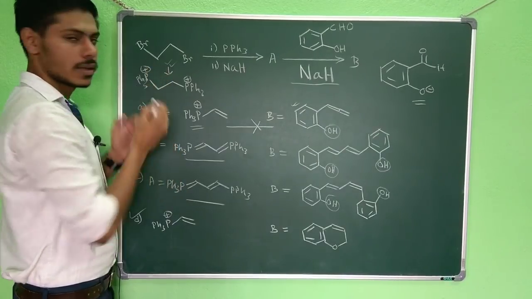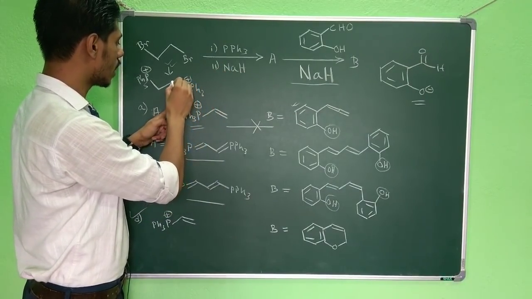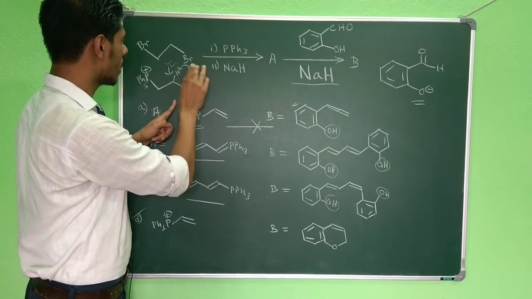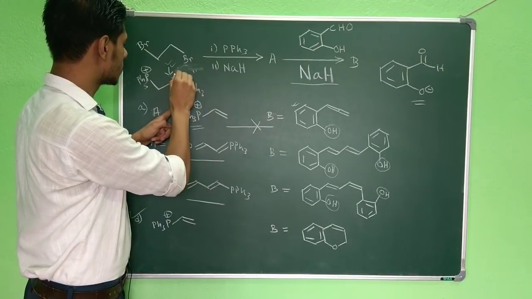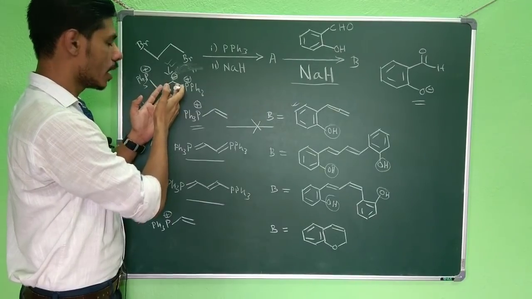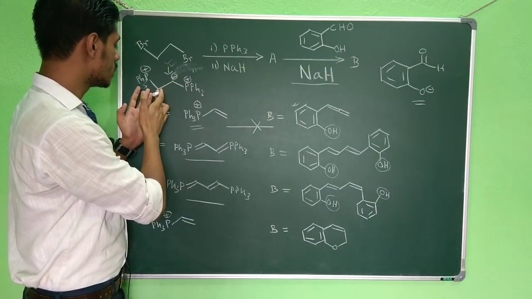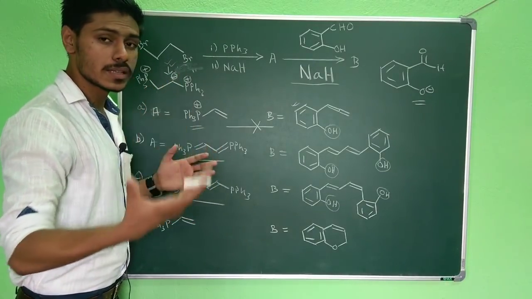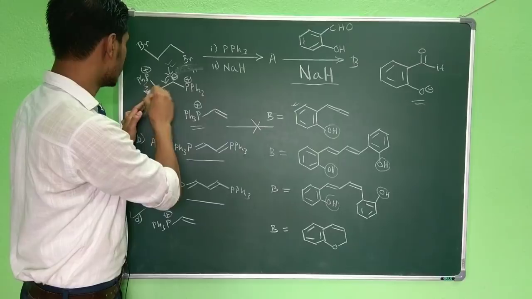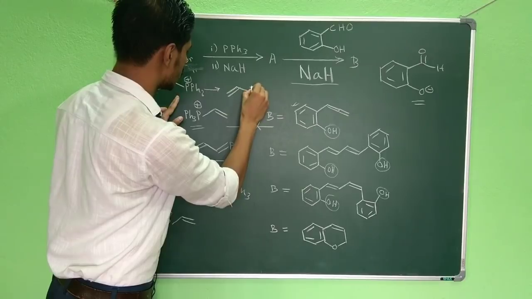In the next step, sodium hydride will take a proton from here and put a negative charge over here. When this negative charge is generated on the alpha carbon, it doesn't matter whether the group is PPh3 plus or bromide, because it will undergo an elimination reaction, and that will give you this PPh3 plus.